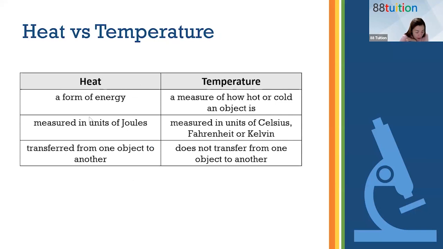For heat, the unit is joules. For temperature, we have Celsius, Fahrenheit, or Kelvin. You only need to know degrees Celsius. So heat can be transferred from one object to another, but temperature cannot be transferred. You must know that temperature cannot be transferred. All right, so we go on.